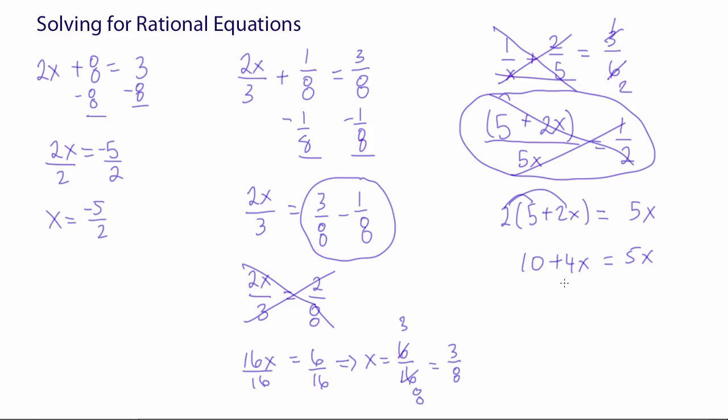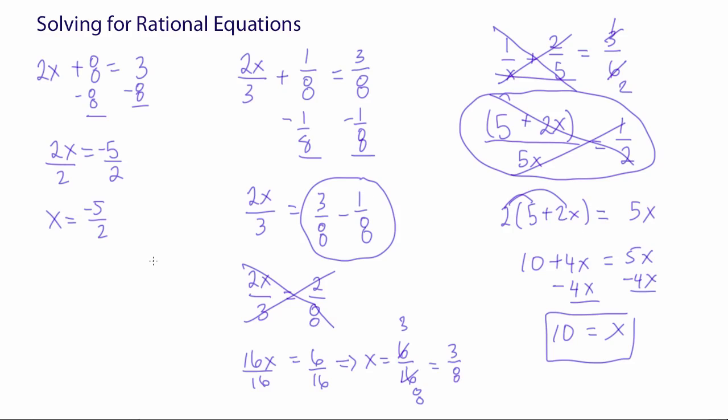I gotta solve for x. Well, how about if we subtract 4x on both sides? Combine like terms. 10 equals x. And that's your answer right there. Here's the issue. The issue is, can you combine like terms and solve for x?